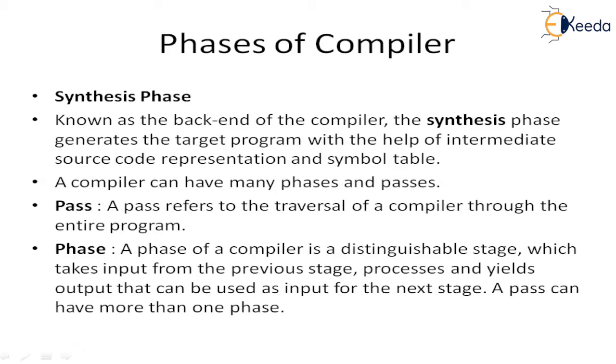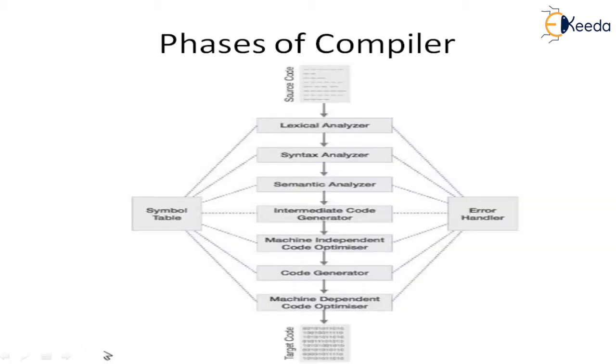Whereas a phase is a distinguishable stage within a particular compiler which takes the input from the previous step, processes that input and yields the output that can be used as input for the next stage. That is what phases are. So a pass can have more than one phase. So this is the phases of the compiler.